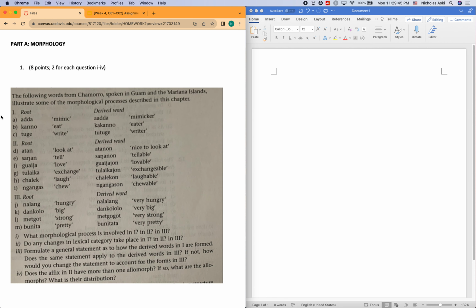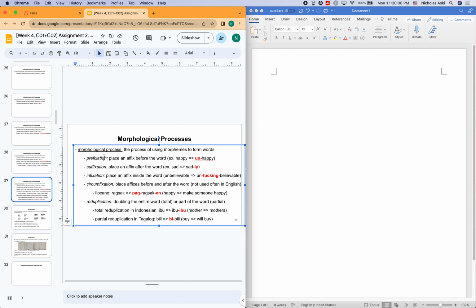For number 1, we have ada, kano, and tuge on the left-hand side. Notice that to get the derived word on the right, we're doubling the first syllable. So the first syllable in ada is a, and we double that to get aada. The first syllable in kano is ka, and we double that to get kakano. So notice that we're placing an affix before the word.